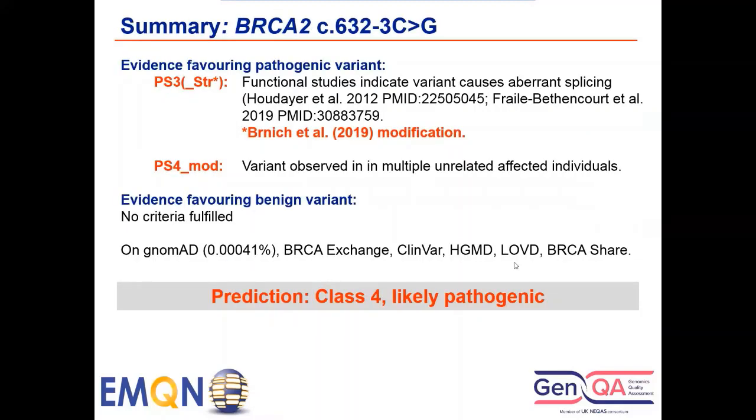In favor of pathogenicity is the functional studies that has been done for this variant, and that is a full splice site mutation on the strong level of PS3. In addition, this variant was observed in multiple unrelated affected individuals. So based on the ACMG criteria, based on these 2 items, this variant is likely pathogenic.